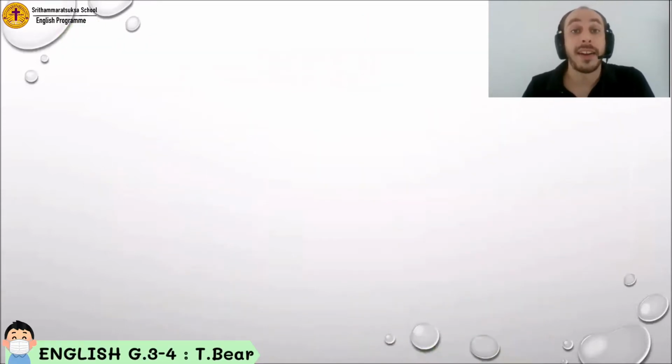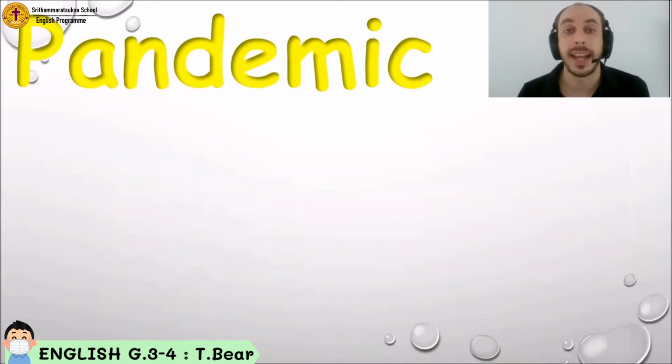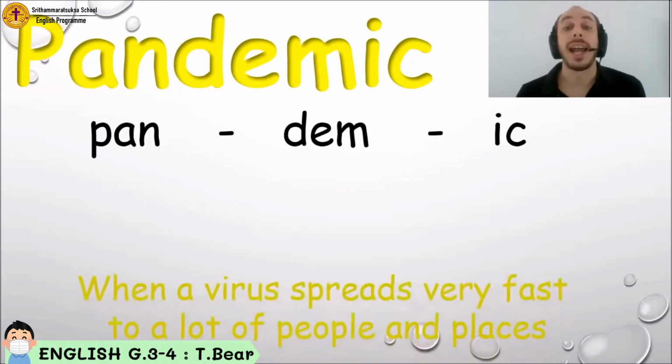Now, when a virus spreads and it gets really bad and it covers a lot of places, we call it a pandemic. Pandemic. Let's say it together. Pandemic. This is when a virus spreads very fast to a lot of people and places. Okay?